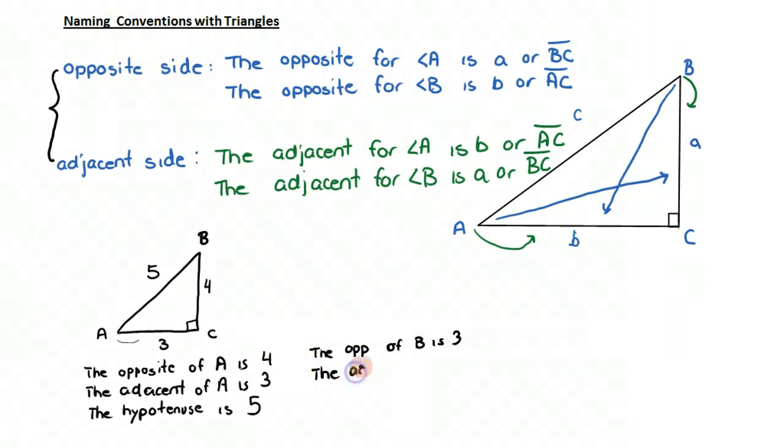The adjacent of B is 4. And notice how they switched from the case when we're talking in reference to A, and the hypotenuse remains 5. So though this seems rather trivial, being able to identify the opposite and adjacent and hypotenuse effectively is key to moving forward with trigonometric primary ratios. Good luck.